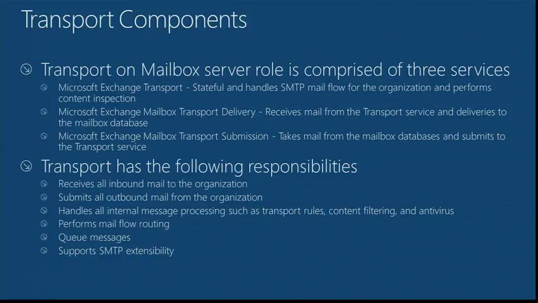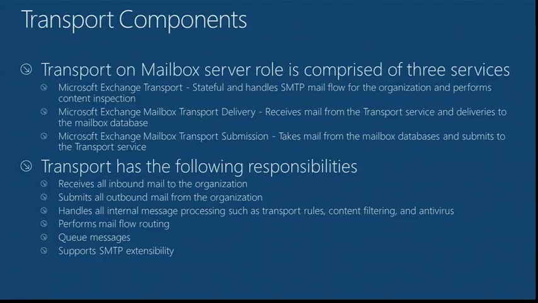Okay, so we have 3 components. We've got the Exchange transport service itself. That is the stateful service. That's the one that's responsible for processing the messages. That's the one that has the transport rules engine, the policy engine, the mail.q file, the bifurcation, the categorization. It's what we used to call hub transport. It's now simply the transport service.